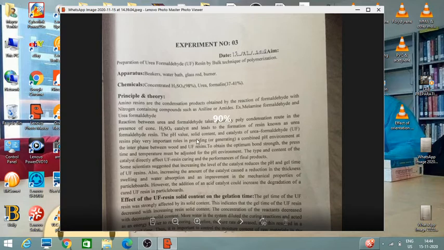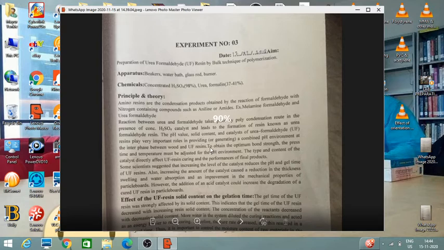The pH value, solid content, and catalysts of urea formaldehyde play a very important role in providing a combined pH environment at the interface between wood and UF resin.